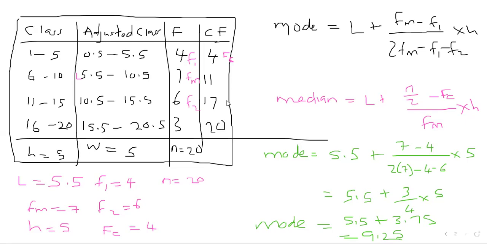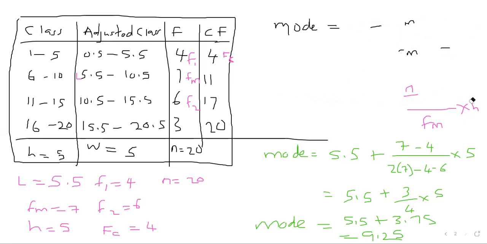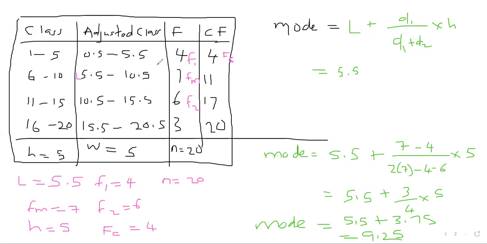I could also teach you a shortcut for calculating the mode. I use the grade 5 way. So we have L plus D1 over D1 plus D2, times the height. You have so much to memorize, but this one is easy. I know you don't like memorizing stuff. The L is the same one we found, which is 5.5. D1 is the distance from Fm to F1, and D2 is the distance from Fm to F2.